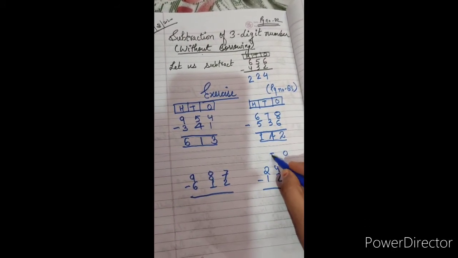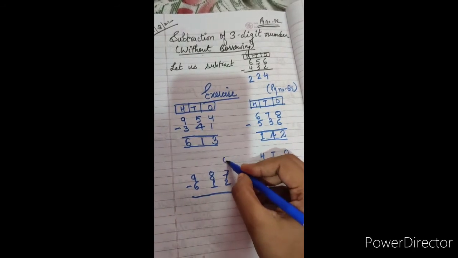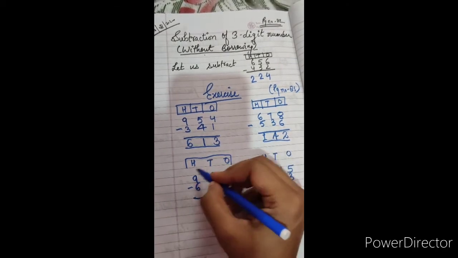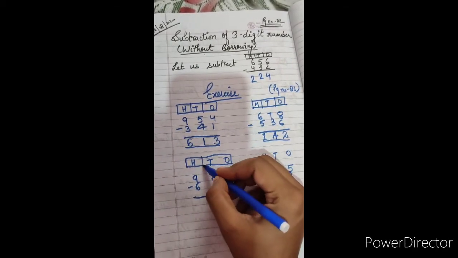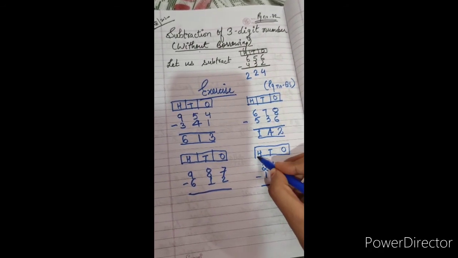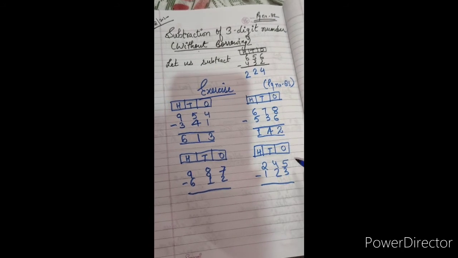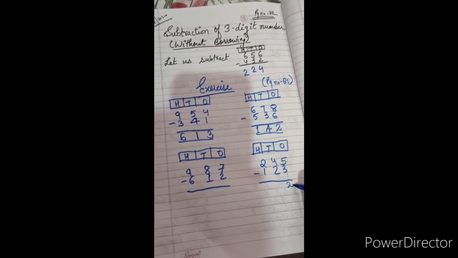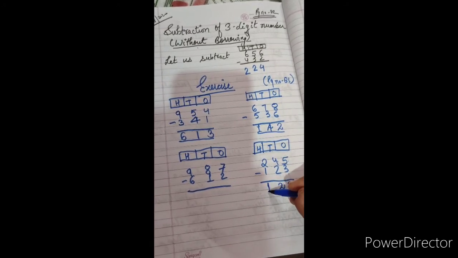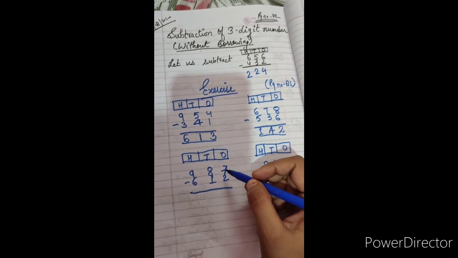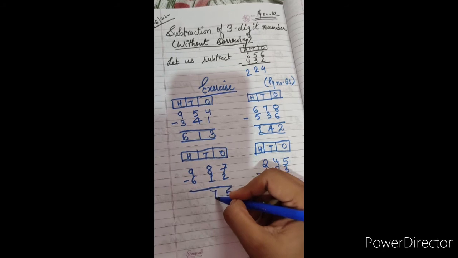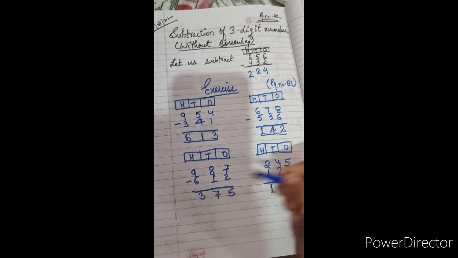This is ones, this is tens, this is hundreds. Subtracting the ones, 5 minus 3 is 2, 4 minus 2 is 2, 2 minus 1 is 1. Now 7 minus 2 is 5, 8 minus 1 is 7, 9 minus 6 is 3.